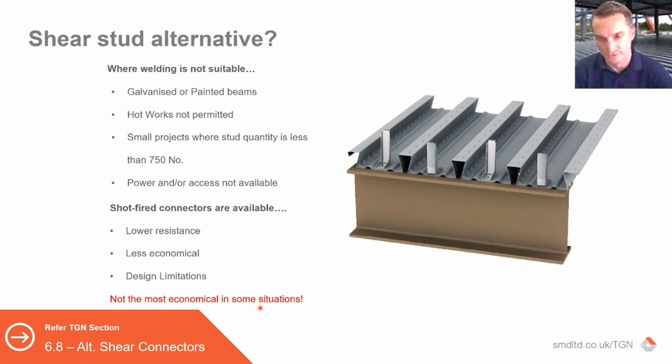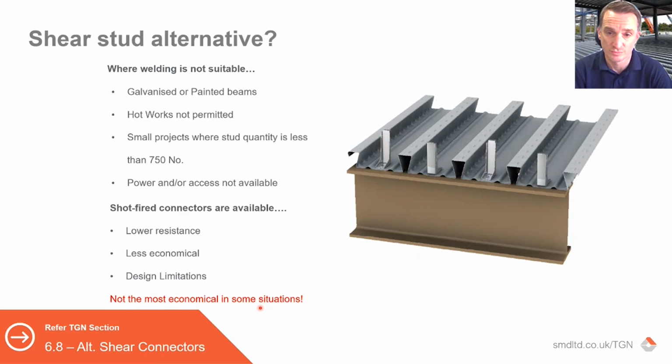Then you could look at this as an option, but you would need to look at the resistance of the HVBs and compare that to the welded shear stud. The resistance of an HVB, typically, a rule of thumb is about 2 for 1 you'd need. It's not always that, it does depend on the requirements of that specific beam, but they are more expensive and they are less resistant. So that really limits where they're used.